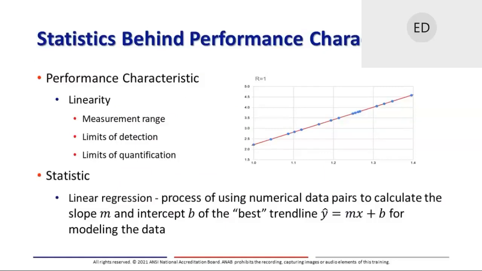The data is what it is, but if we can find a mathematical model that's appropriate for the data, we can use that model to predict outputs given hypothetical inputs. So in this case, regression models are often those linear trend lines, but they can also be quadratic, exponential, logarithmic, or logistic. For us, we typically perform serial dilutions of a known reference concentration.